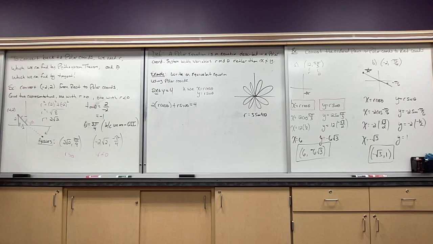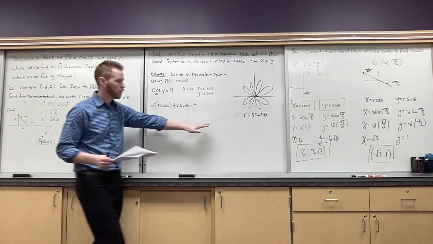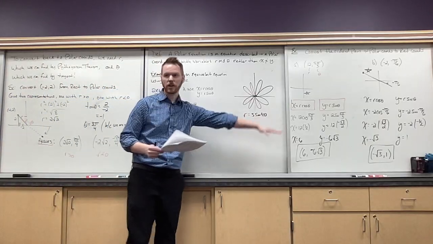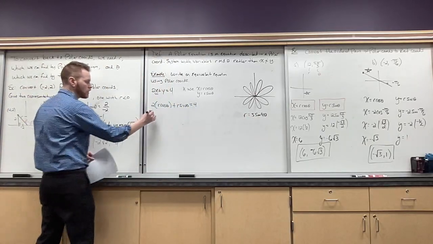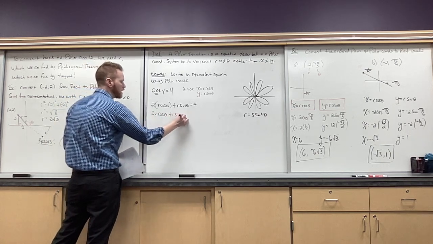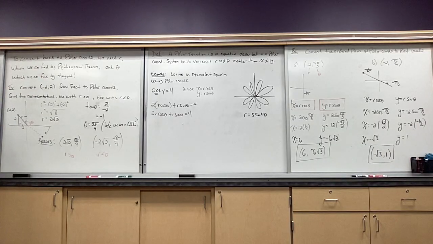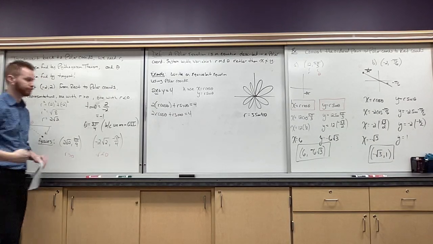Okay? Now when I say simplify, you want to simplify it fully, meaning that you have an r on one side and everything else on the other side. So this becomes 2r cosine of theta plus r sine of theta equals 4. Now because both terms have r, I can factor that out.